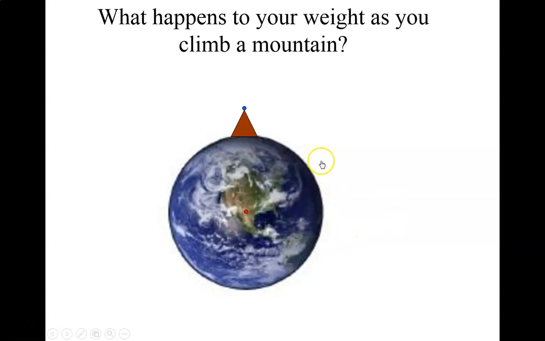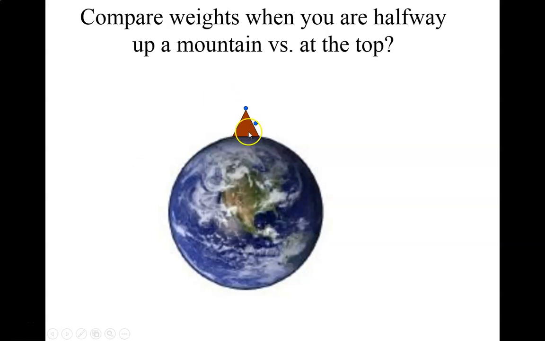All right, so on to some other things related. Let's say, what happens to your weight as you climb a mountain? Well, you get further away from the center of the Earth, and therefore gravity gets weaker on you and you weigh less. So let's say you're halfway up a mountain, and then you reach the very top, and you're twice as far away from the surface of the Earth.